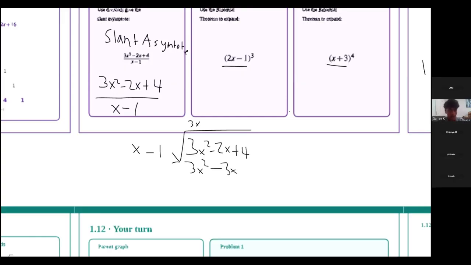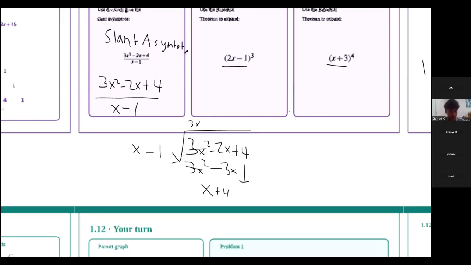So 3x squared minus 3x squared, so these two cancel out. And then negative 2x minus negative 3x is the same as negative 2x plus 3x, which is just x. And then we bring down the 4. So x plus 4, bringing down this 4. And then x times what equals x, which is going to be 1.